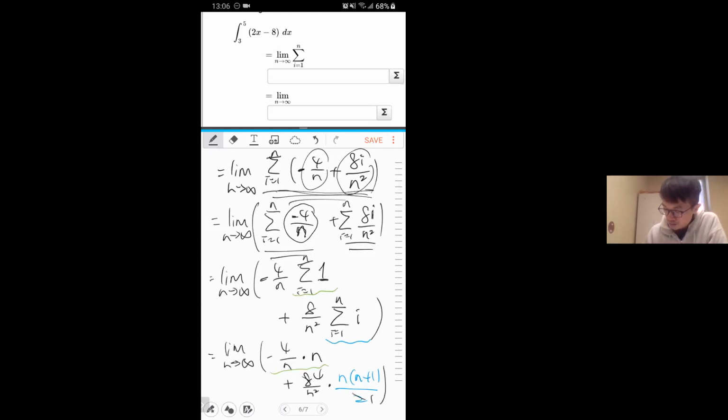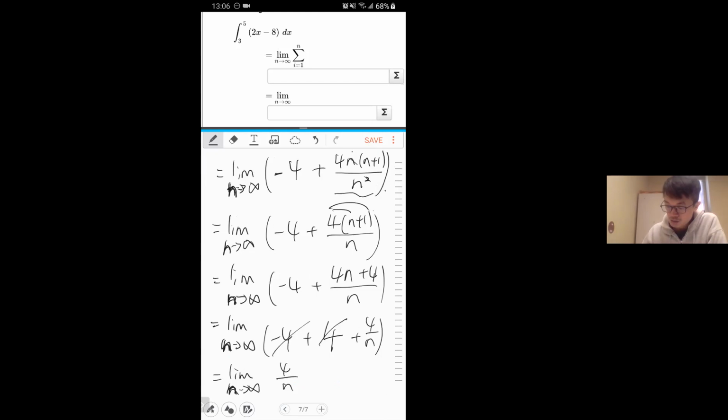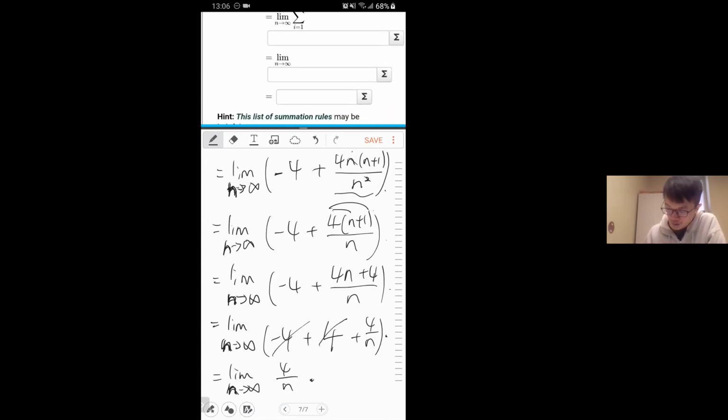So whatever you saw here, this one, this one, or this one, you can put either one of them into the second entry. And for the last step, I want to compute the limit. What is the limit of 4 over n when n goes to infinity?